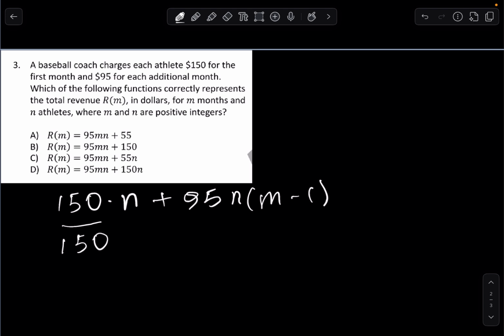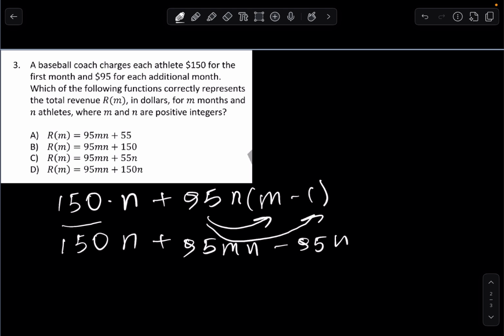So 150n plus, when we open brackets, we multiply it like this. So we have 95mn minus 95n. So that gives us 95mn plus 55n, and that is C.